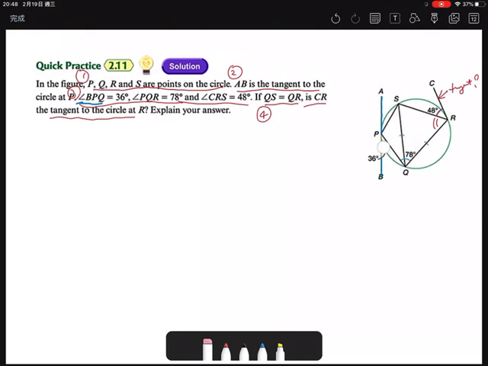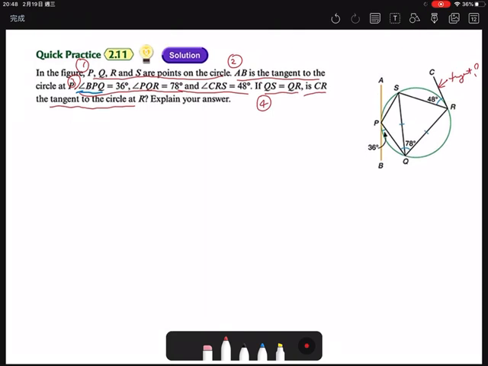Just now I said up to now you have two ways to prove a tangent to the circle. One of them is the converse of tangent perpendicular to radius. But the figure doesn't have a center and a radius, so we may not construct a center and a radius. So we may choose the second way.